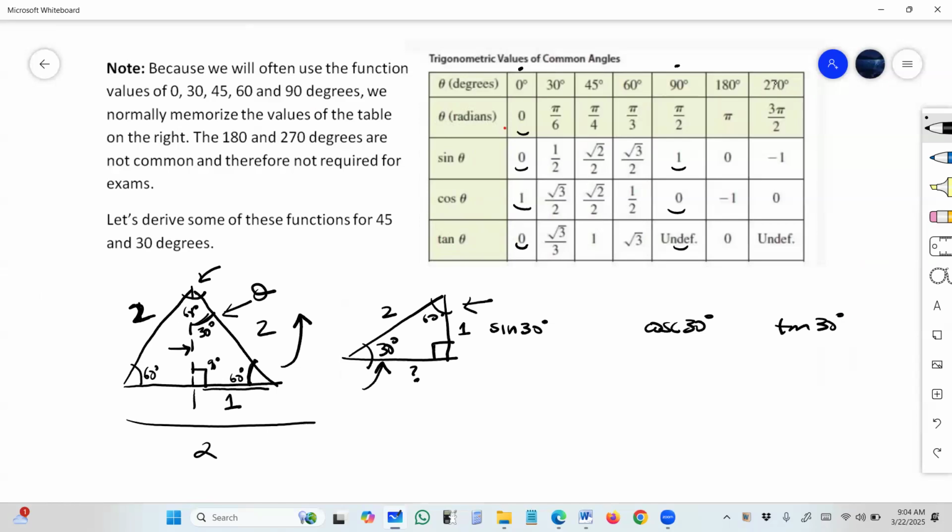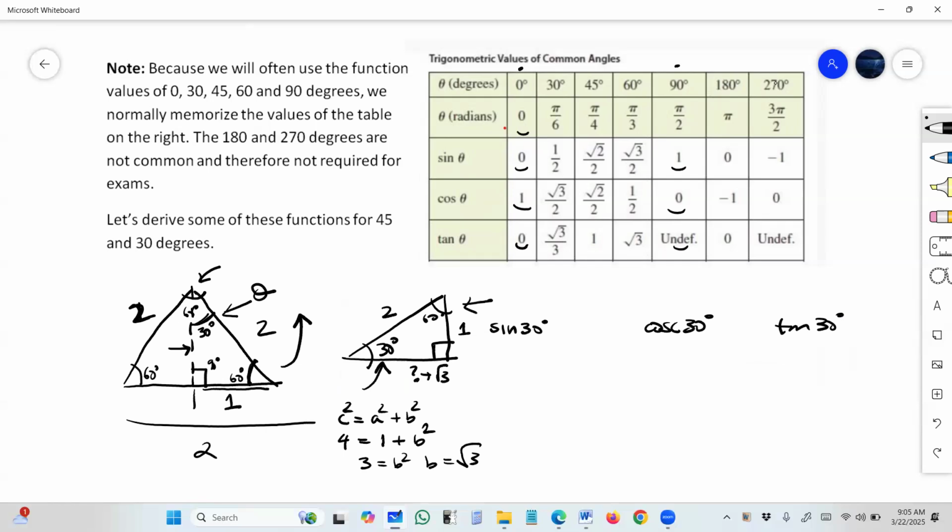So we use the Pythagorean theorem again. c squared equals a squared plus b squared. In this case, c is 2, so I have 2 squared, 4. a squared is just 1, and b squared is just b squared. So I have 4 equals 1 plus b squared, so I subtract 1 from both sides. I get 3 equals b squared. Take the square root of both sides, and I get square root of 3. So this value right here is the square root of 3.